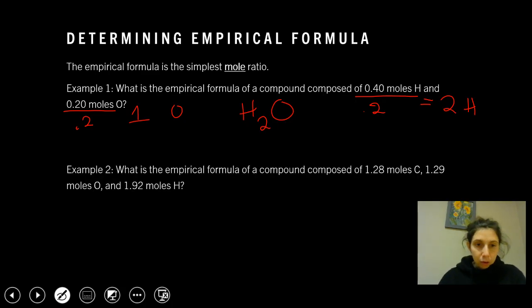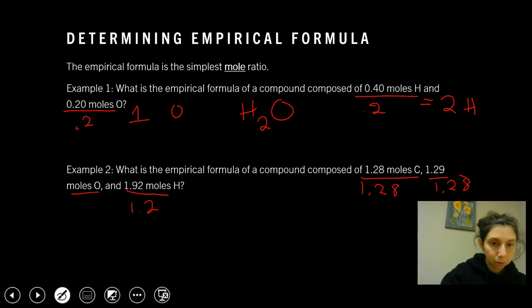The second example says, what is the empirical formula of a compound composed of 1.28 moles of carbon, 1.29 moles of oxygen, and 1.92 moles of hydrogen? So we're going to divide all these numbers by the smallest amount of moles again. So we have 1.28 is our smallest number. So now I'm going to divide each of these.